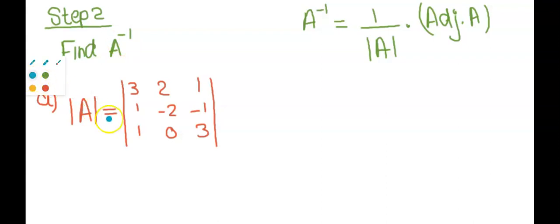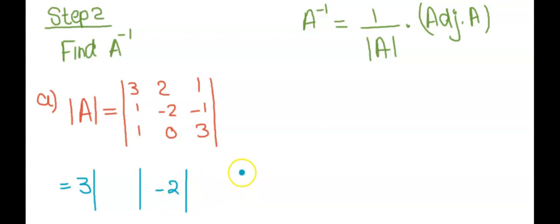Now when we want to find the A determinant, we write down 3. So this 3 is going to be here and 2 lines. This 2 will be minus 2, and then 2 lines. Why minus 2? We change the sign. And then plus 1 and then 2 lines.